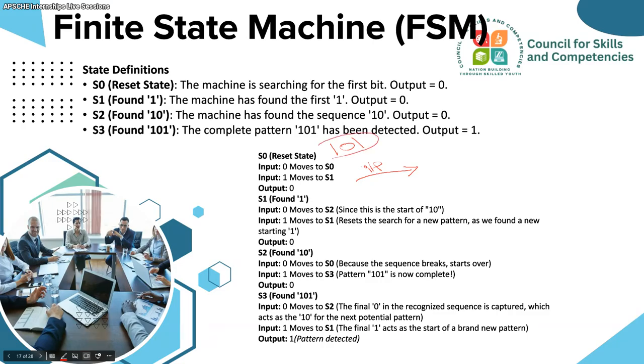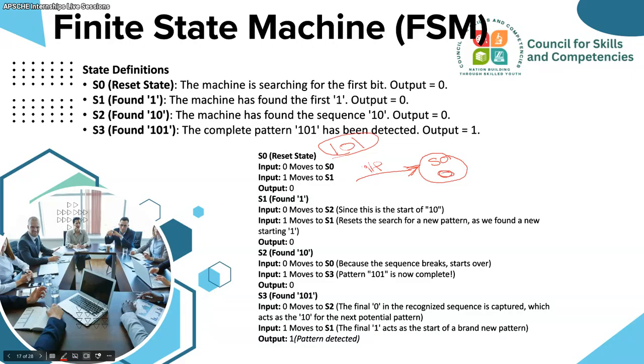For that, we have to define the states. Now let me create a state called S0. Since all the input will come through the S0 state, I am maintaining the output as 0.